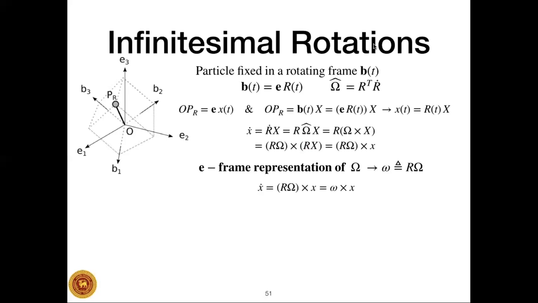Now this is very interesting. So what does this tell you? This tells you that the velocity of this point, the instantaneous rate of change of position of any point in the box, is given by omega cross X, and omega is something that is not related to the point.